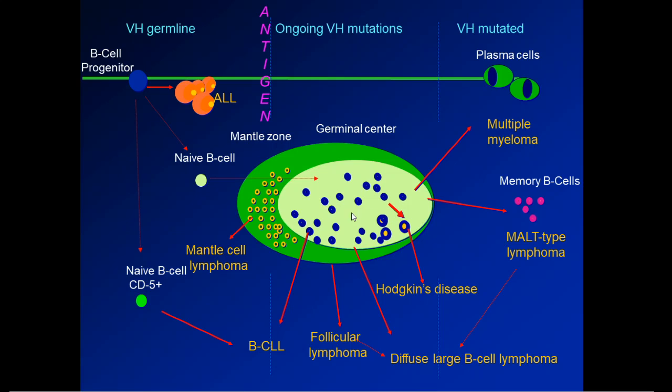Germinal center. From the central sites we have diffuse large B cell lymphoma. The whole lymphoid follicle gives us follicular lymphoma.